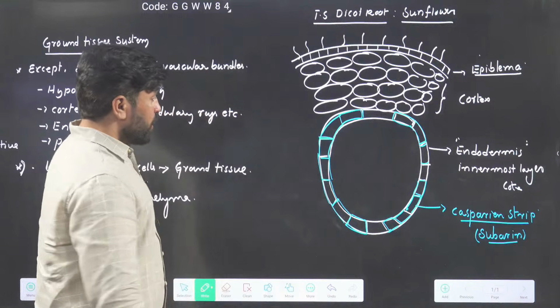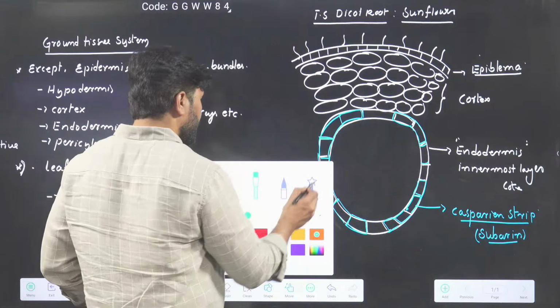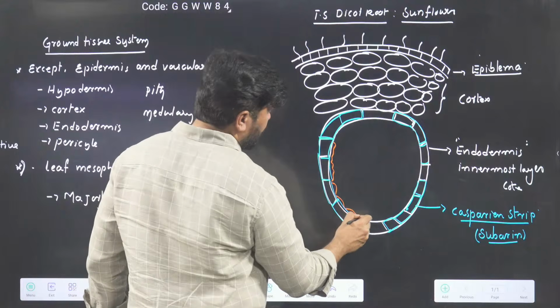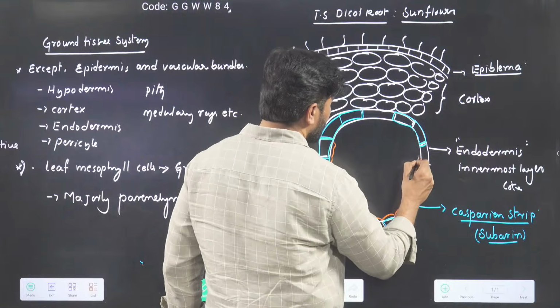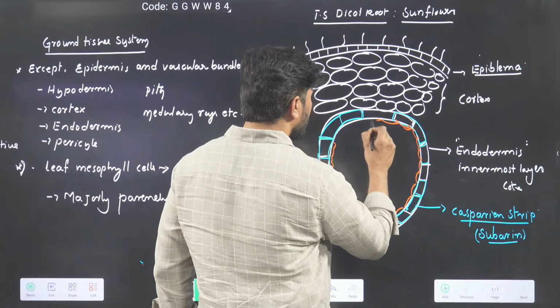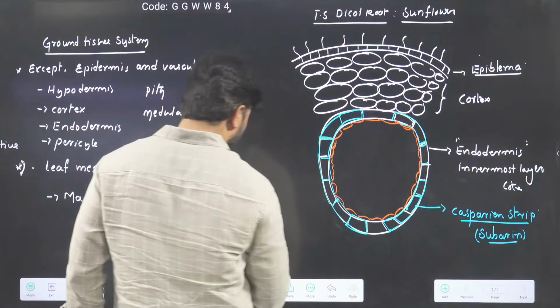Next one. Inside the endodermis, there is a single or multiple layers, generally unilayer. Sometimes multiple layers also would be there. They have a special kind of layer of thick-walled parenchymatous cells.